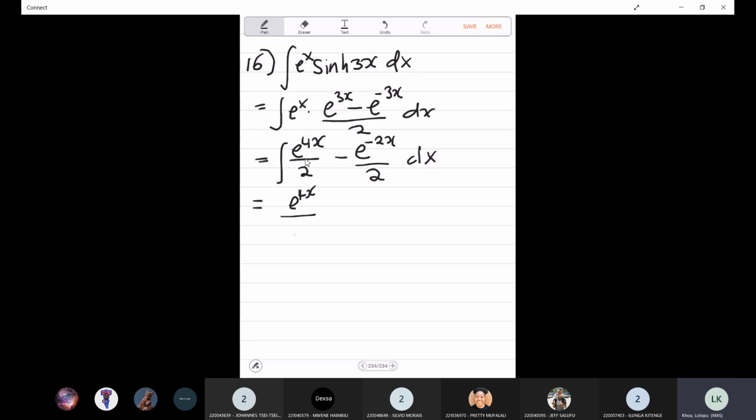Okay, and then here, I see that I wrote number 16 slightly different than the way it is in the book.